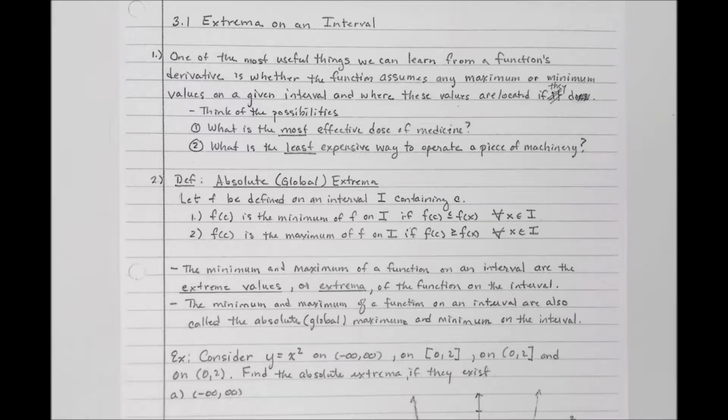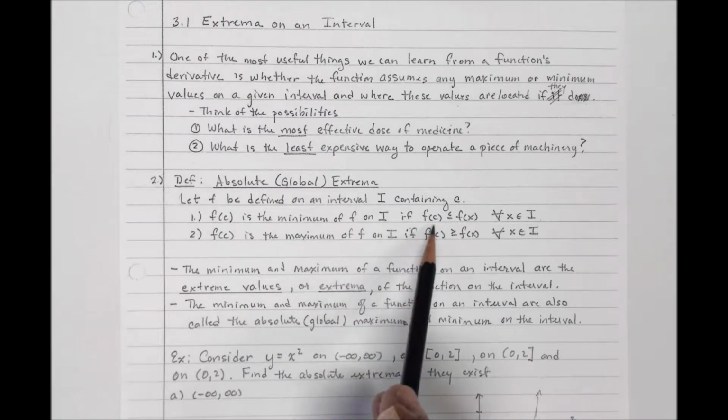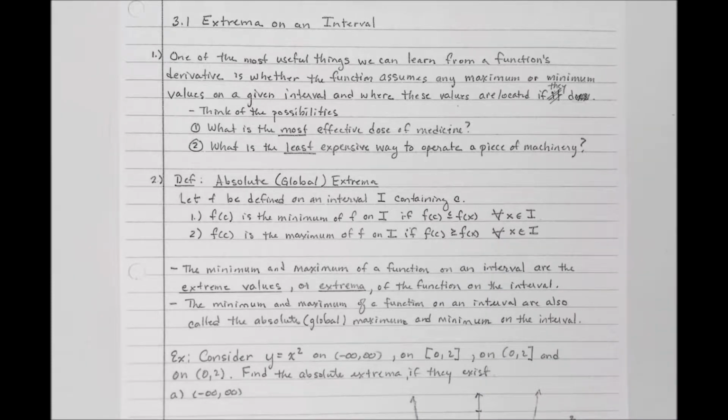Let f be defined on an interval I containing c. F of c is a minimum of f on I if f of c is less than or equal to f of x for all x in I. F of c is the maximum of f on I if f of c is greater than or equal to f of x for all x in I, as an element of I.